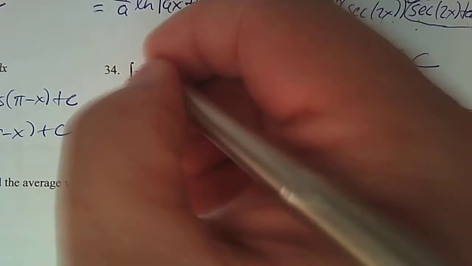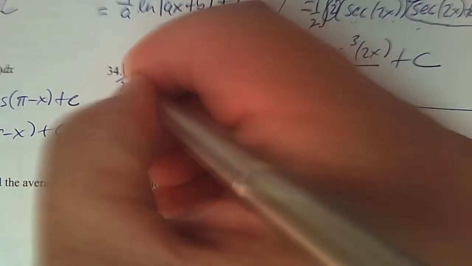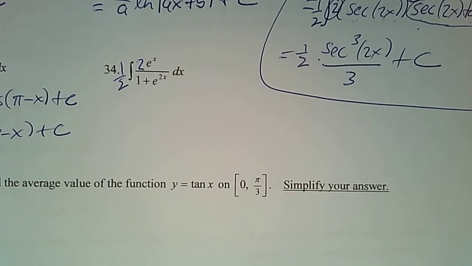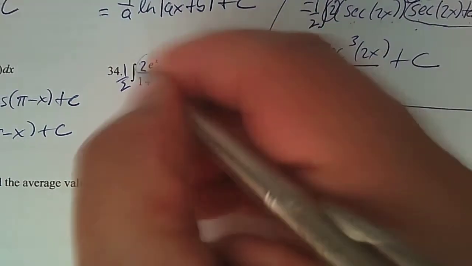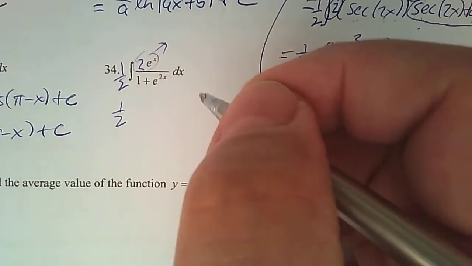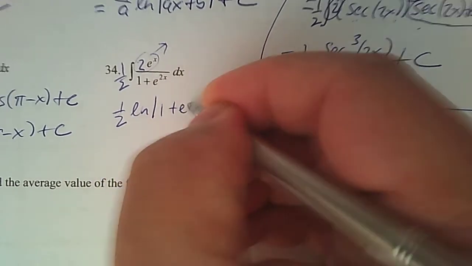So I could make this 2x and then 1/2. Then this goes away, and I should be able to write down 1/2 ln 1 plus e to the 2x.